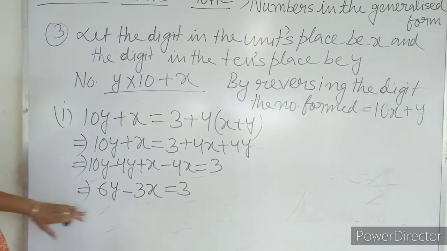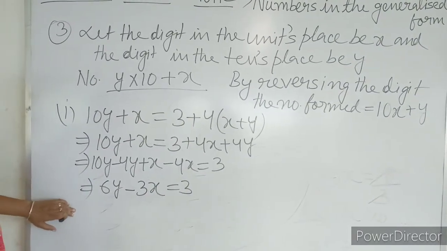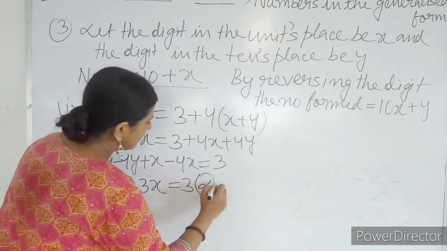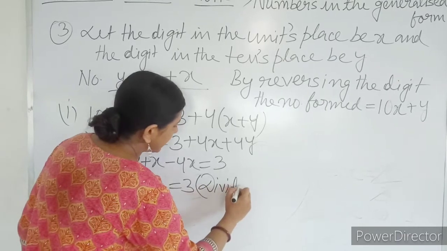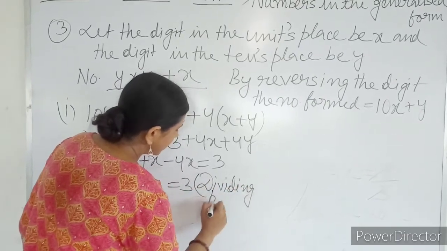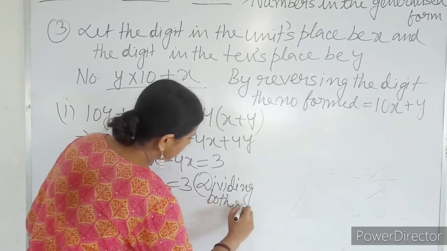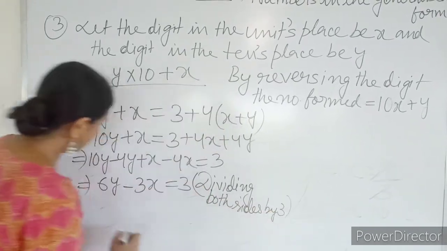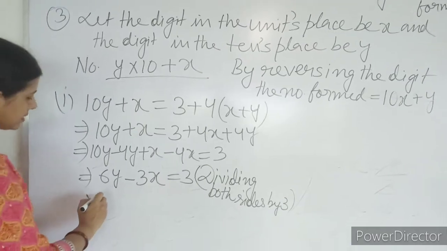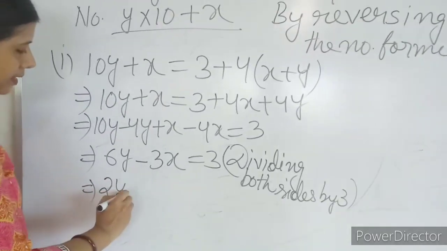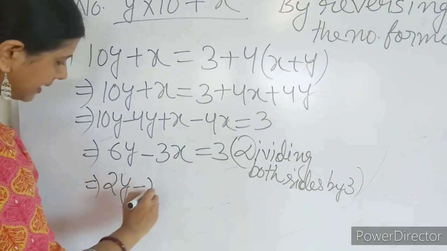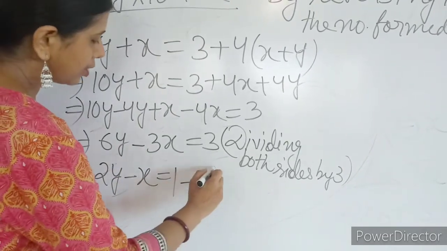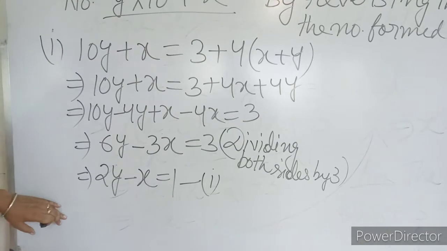If I divide both sides by 3, what am I going to get? 2y minus x equal to 1. This is my equation number 1.